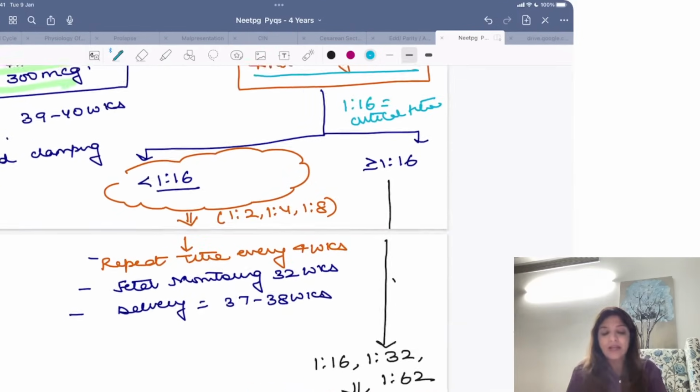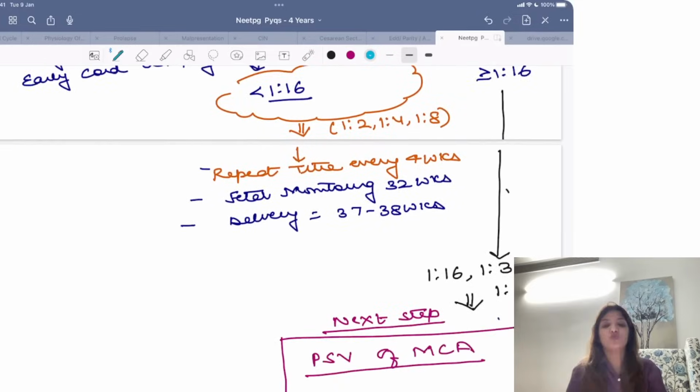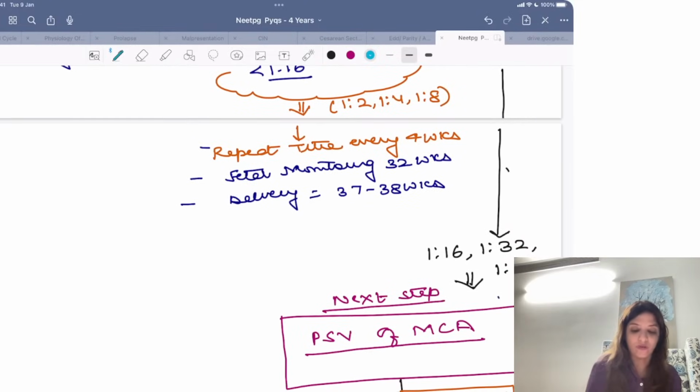Now, if antibody titer is equal to critical titer or more than critical titer, that is 1:16, 1:32 or 1:64, any of these, right? In that case, my next step is to see how much hemolysis has happened. And in order to know how much hemolysis has happened, I am going to do peak systolic velocity of middle cerebral artery.